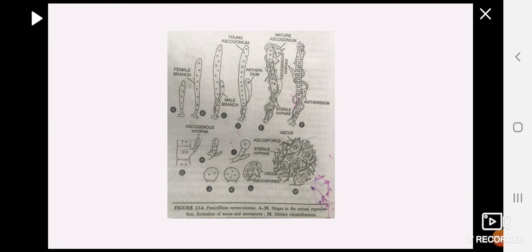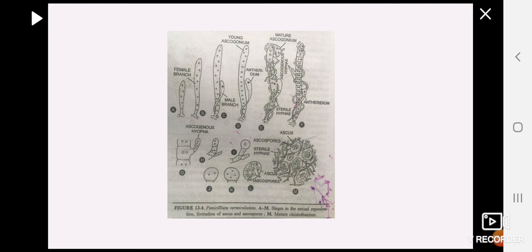In this way, the collection of sterile hyphae around the asci and ascospores leads to the formation of a spherical, ball-shaped structure known as the cleistothecium. So it forms a protection around the asci and ascospores.